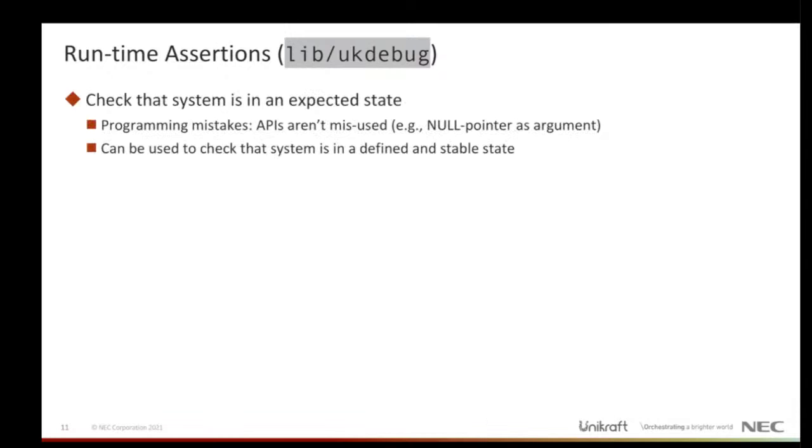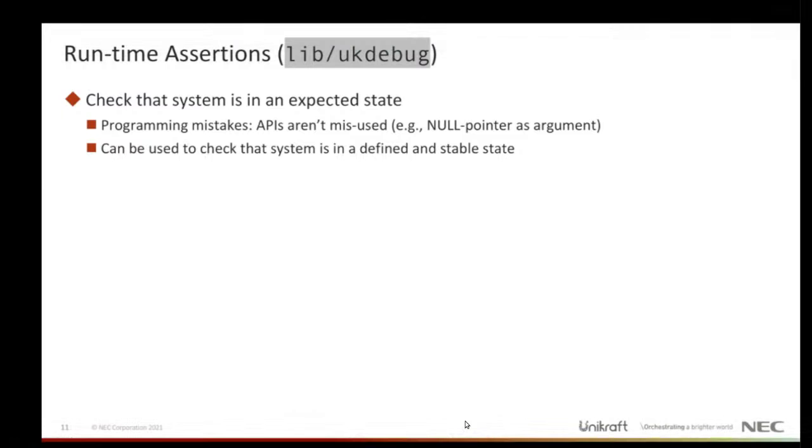When do you use them? Actually, we use them mostly for checking for programming mistakes or API misuses, right? Whenever we define an API and we have a description of how it should work, which arguments you should hand over, we have kind of a standard. And with assertions, we can, for instance, check that the arguments I handed over comply with the standard.